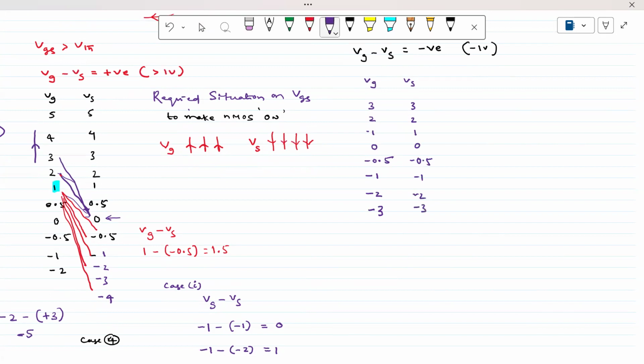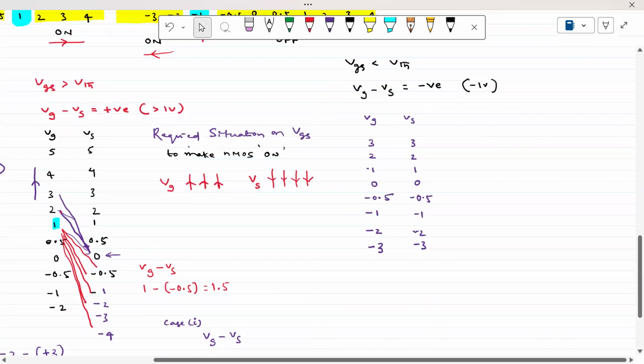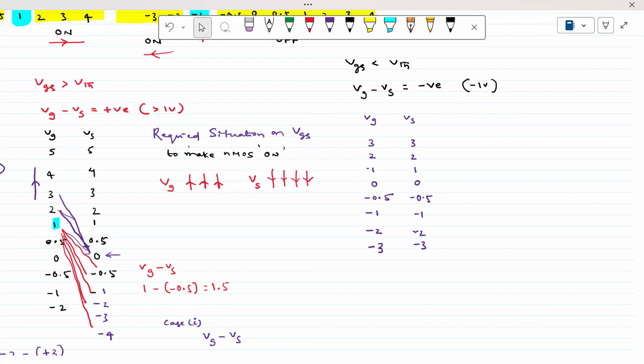Now let me know, what value is VG, what value is VS, to make sure that the PMOS transistor is on? In which direction of VG do we have to go, and in which direction of VS do we have to go? One possibility is that VG should go in the negative direction and VS should be in the positive direction. For example, look at this particular one, -1, right?